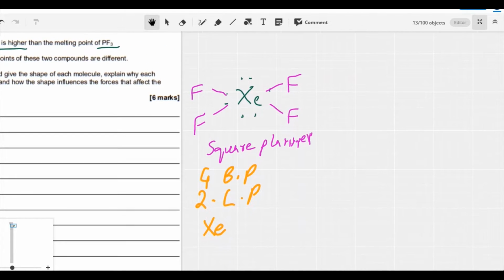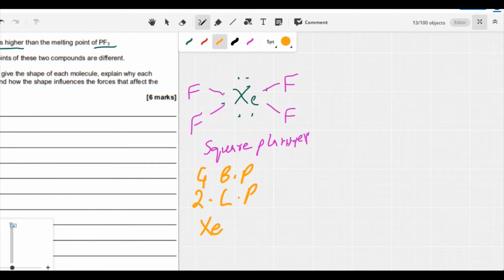Now in the second case, PF3, I am going to show you with a different color.